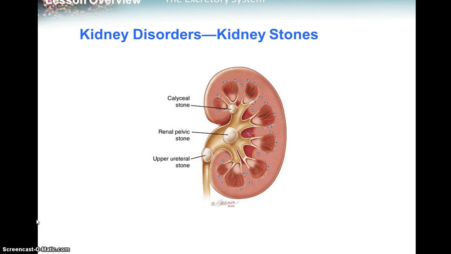If you're not drinking enough water, some of these little ions come out of solution and they kind of clump together. And then that stone gets stuck. And then obviously the urine can't leave anymore because the kidney stone is in the way. So the kidney stone then has to eventually be passed through the ureters, through the bladder, and the urethra. And that's pretty painful because that's not meant to have anything that large in there.